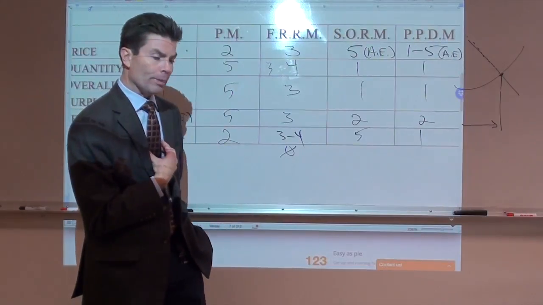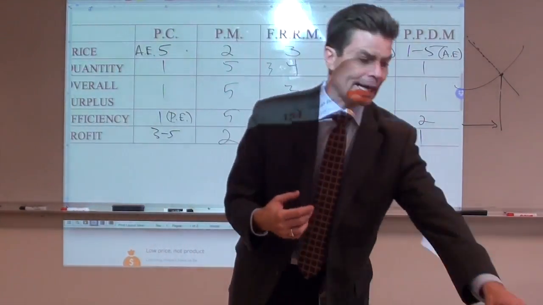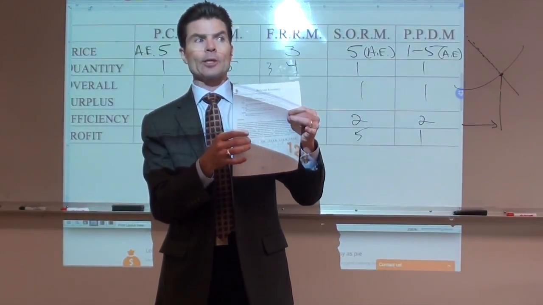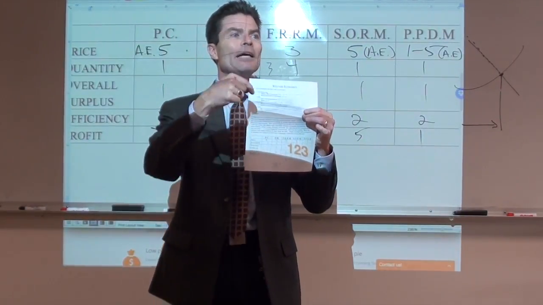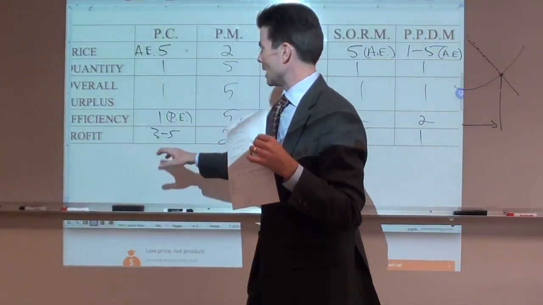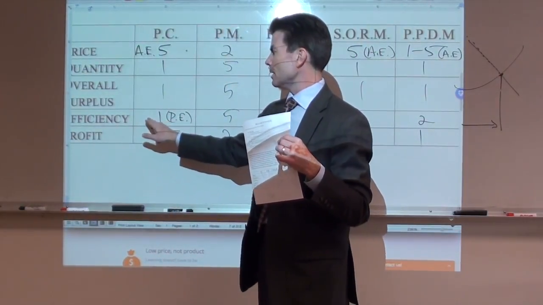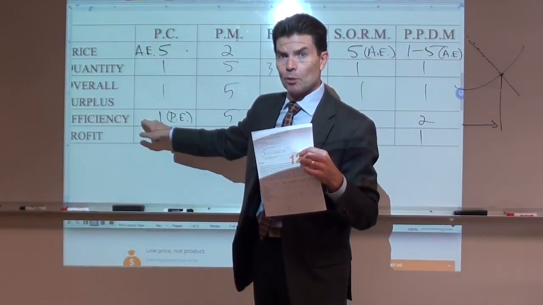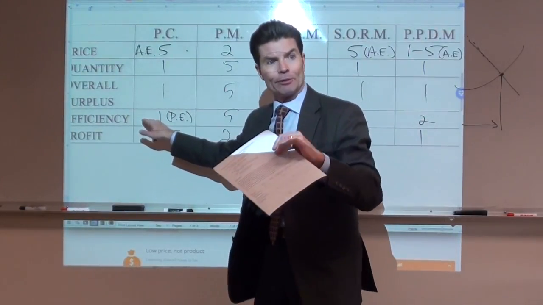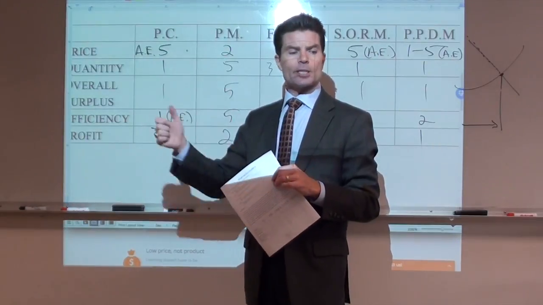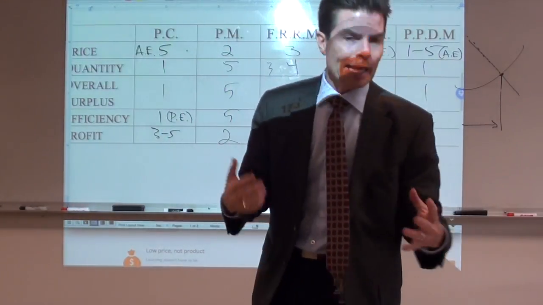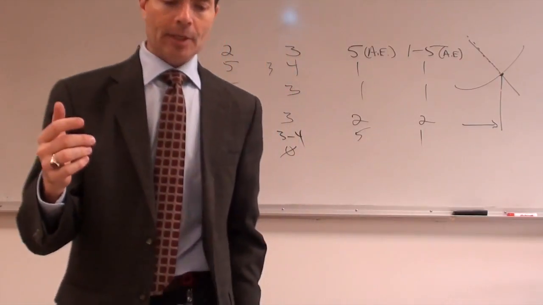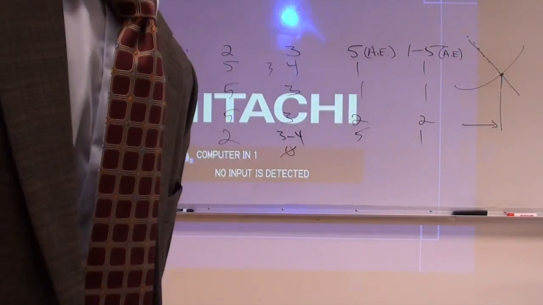It's not going to show me the rankings because we already did that. It's going to show me that you understand why they have the rankings that they do. So down here for efficiency, you will talk about why they are allocatively efficient in the short run and productively and allocatively efficient in the long run. You would give me the reasons behind the numbers. That's what the next one's going to do. So the handout that I'll give you talks about more of this. It gives some specific examples.